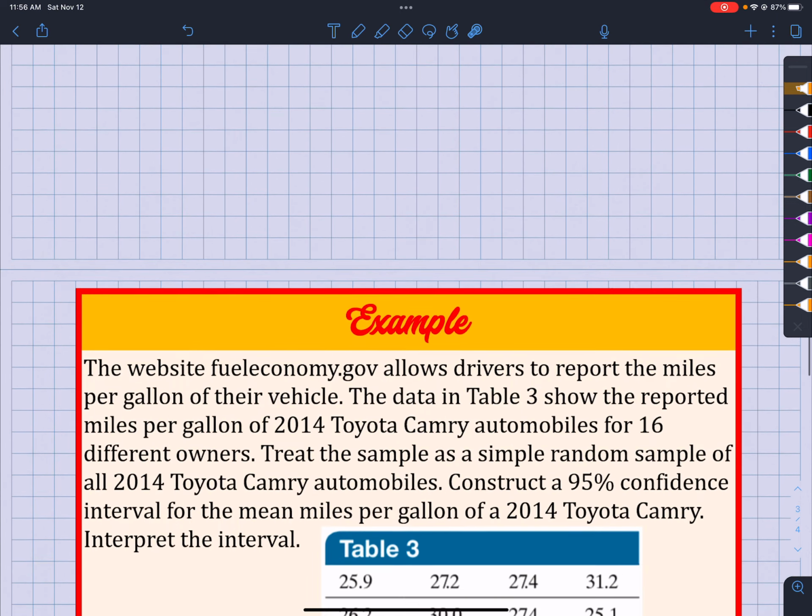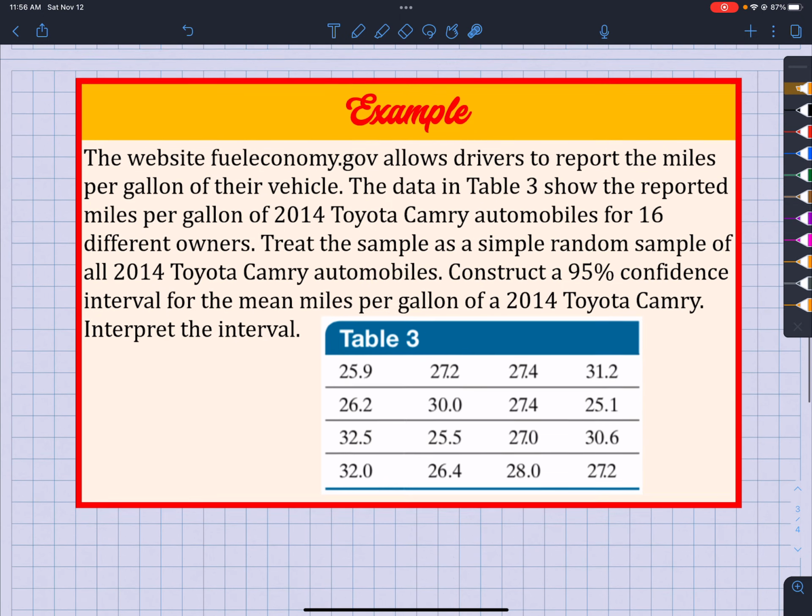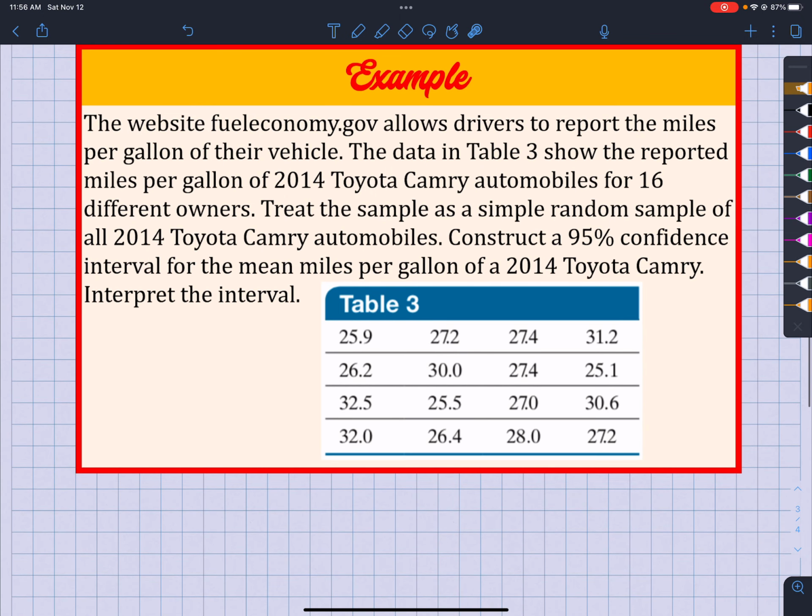Okay, so let's go ahead and go into an example. Here, the website Fueleconomy.gov allows drivers to report the miles per gallon of their vehicle. The data in Table 3 shows the reported miles per gallon of 2014 Toyota Camry automobiles for 16 different owners.